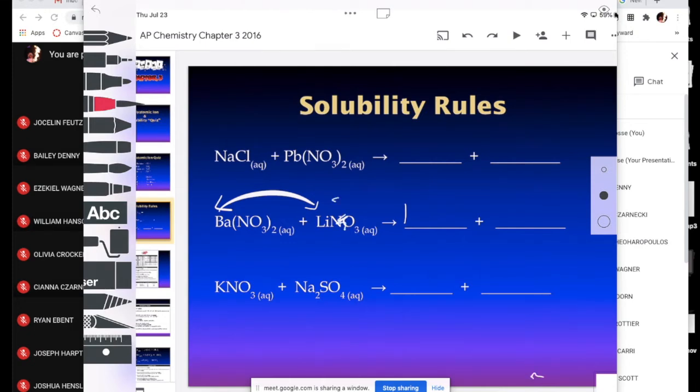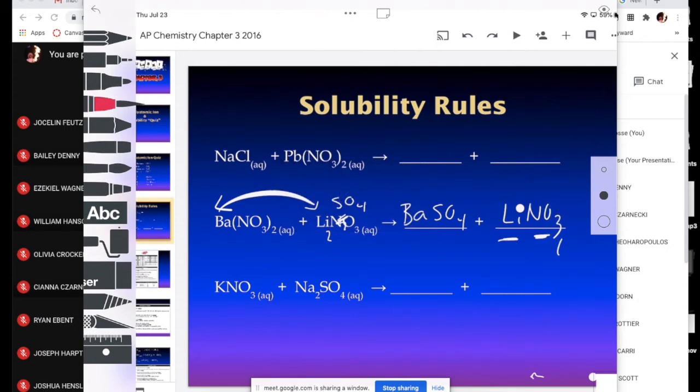Pretend, I'm sorry. So it'd be Li2SO4. There can't be two NO3s, that doesn't make sense. So it'd be BaSO4 and it'd be LiNO3. Okay? Because both of these, you always go to the nitrates and the alkali metals. I'm not trying to pull punches. This is about as hard as it gets with a lot of this. This has to be aq.